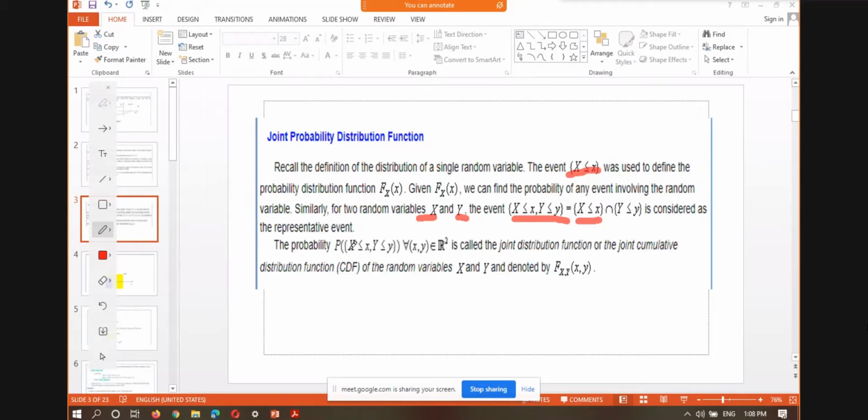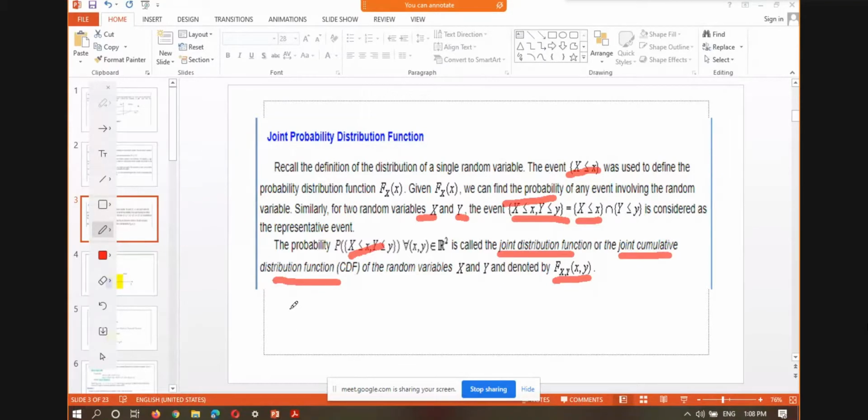The probability of this event is known as the joint distribution function, or joint cumulative distribution function, and is denoted by F_XY(x, y).